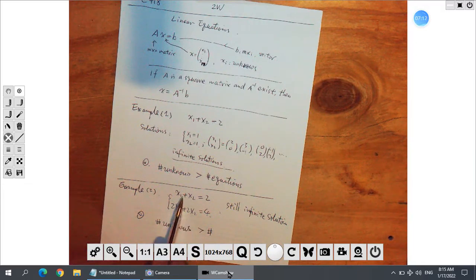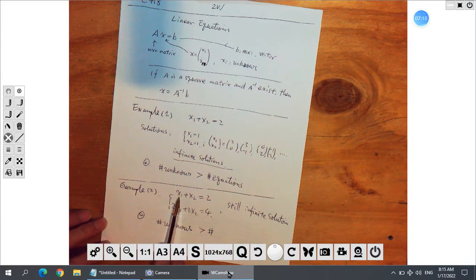But although we have 2 equations, essentially it is just one equation. The second equation comes from the first one, or you can say the first comes from the second. The first equation times 2, you get the second. The second divided by 2, you get the first. So these two are totally the same, not exactly the same because the coefficients are different, 2 is not 1, 4 is not 2, but they provide the same solutions.